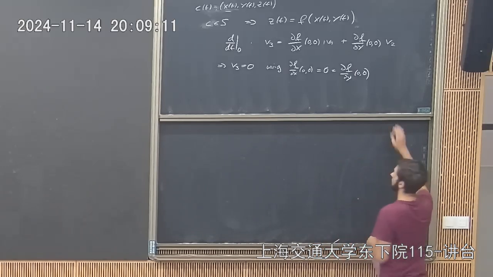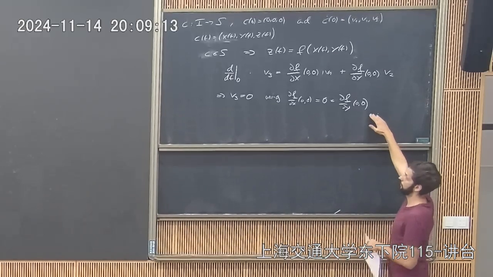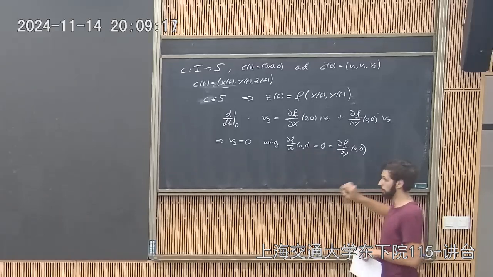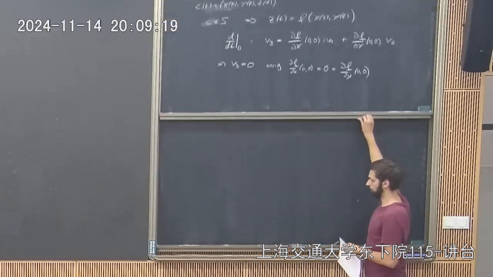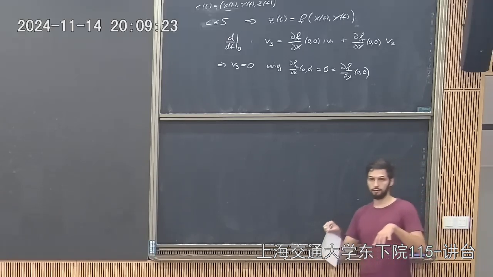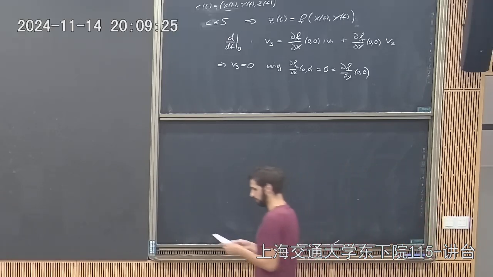You can essentially do the same calculation, but not just at 0, but at some arbitrary point, and you get an expression for the tangent space at some arbitrary point.